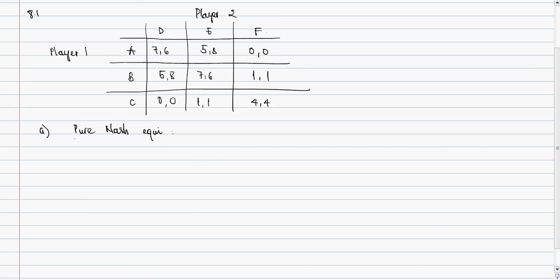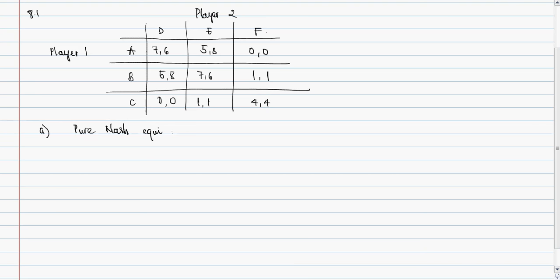The equilibrium is the best strategies for each player given the strategy chosen by the other. So the easiest way is to find the best strategy for each player and then see which is the best for both players.